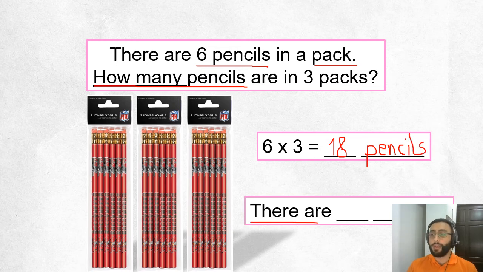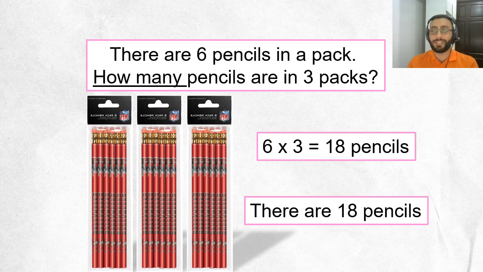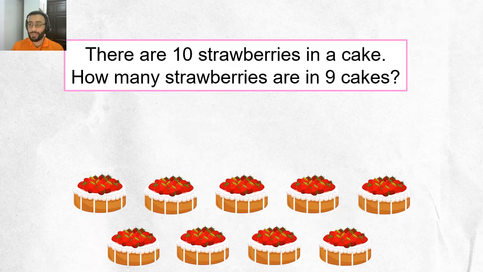So there are 18, let's say, pencils, which we have to write here. But I cannot because my face is here. All right. Yes, see, this is the answer. 6 times 3 or 3 times 6 equals 18 pencils. So there are 18 pencils.